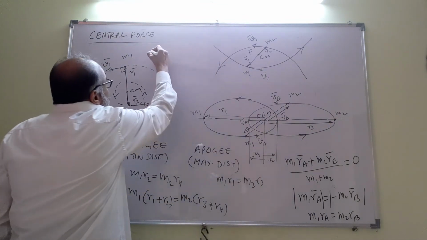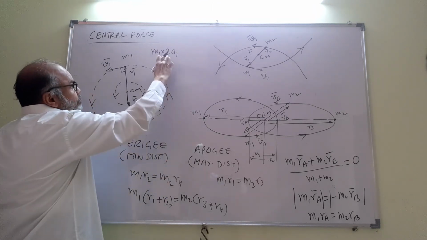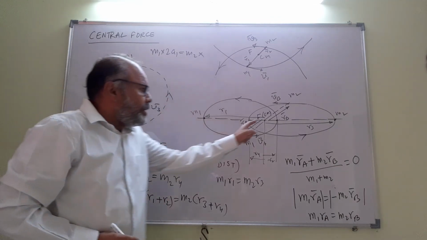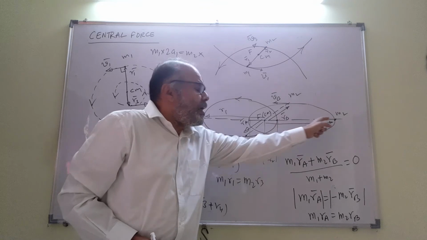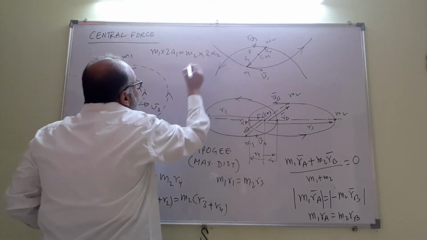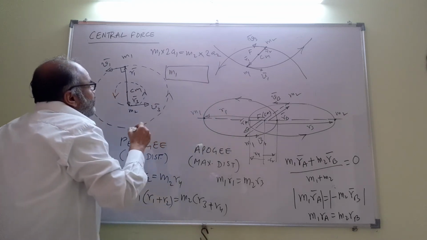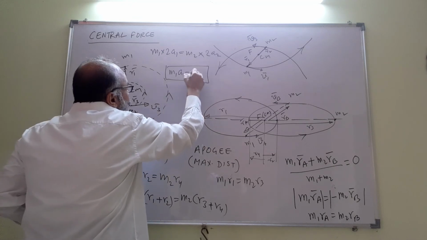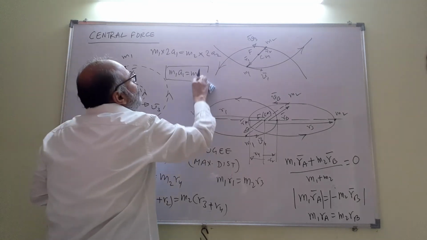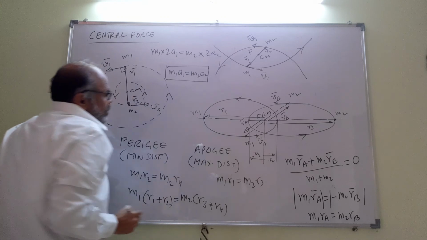So it is M1 into 2A1. This will be M2 into R3 plus R4, which is the major axis of the other body, that is 2A2. So you have this relation for elliptical orbits: M1A1 is equal to M2A2.